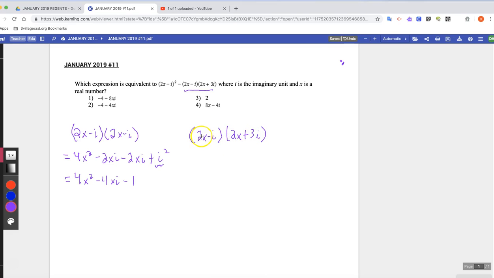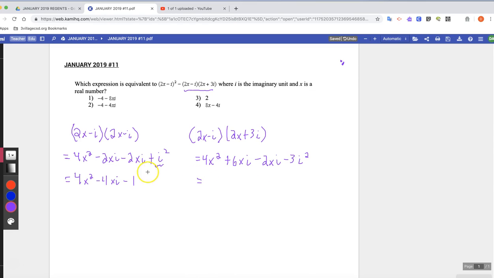Term by term, 2x times 2x again gives us 4x squared. 2x times 3i would give us positive 6xi. Negative i times 2x would give us minus 2xi. And negative i times positive 3i would give us minus 3i squared.